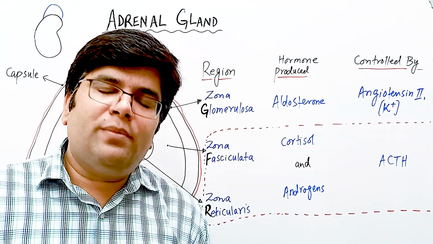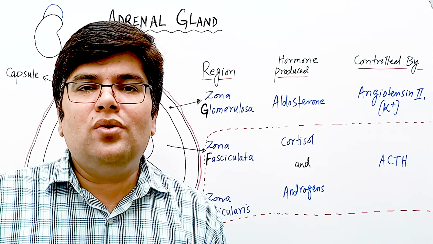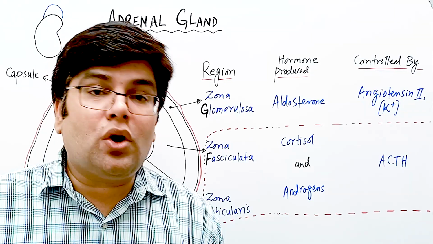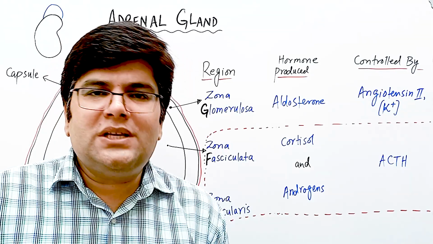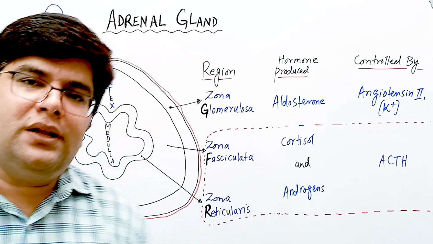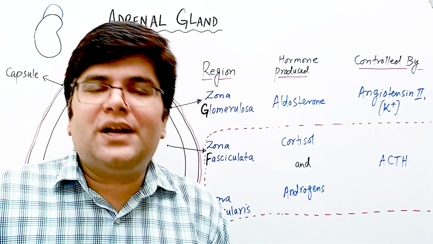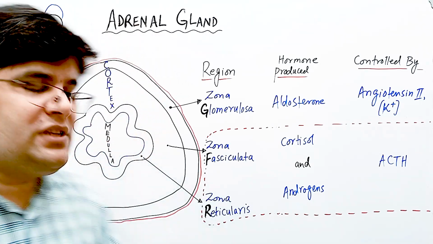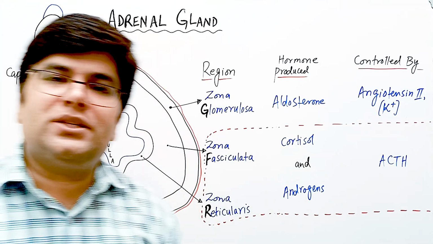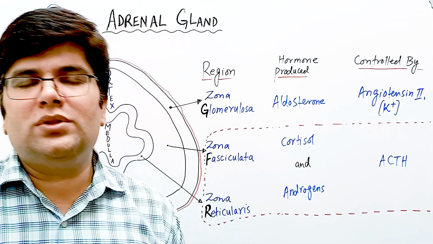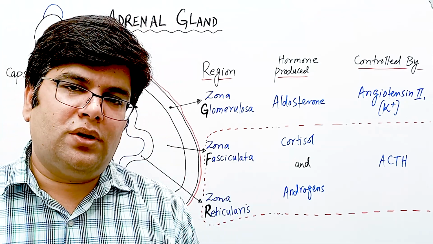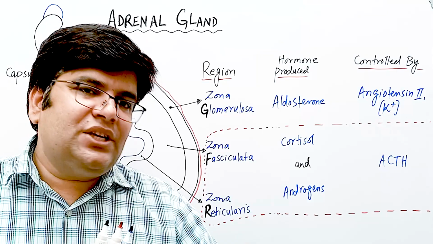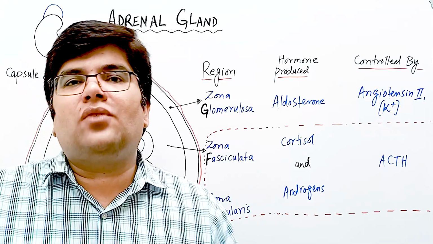The hormones which are produced from adrenal cortex are called adrenocorticosteroid hormones or the corticosteroid hormones, because these are steroid hormones which are produced from the adrenal cortex. So corticosteroids or adrenocorticosteroids is the term which is used for hormones which are produced from the adrenal cortex. The different adrenocorticosteroid hormones are all derived from cholesterol. However, their structure is slightly changed, hence they perform different kinds of functions.